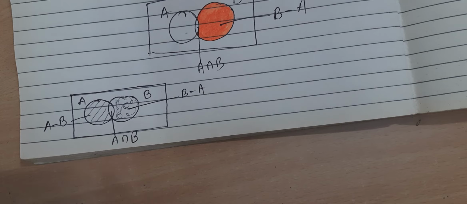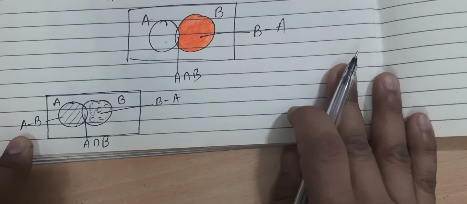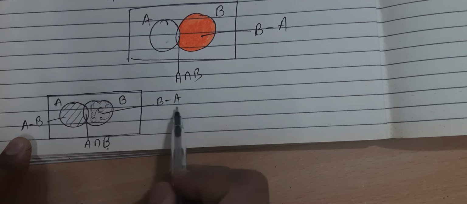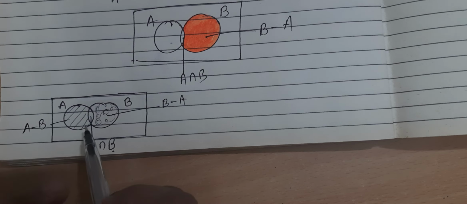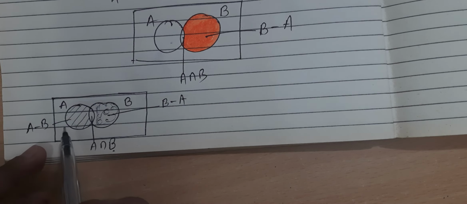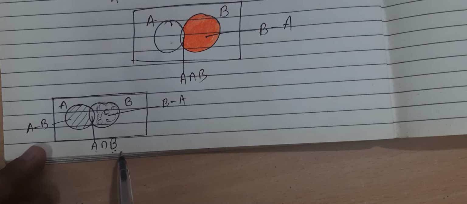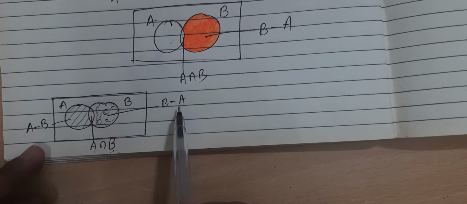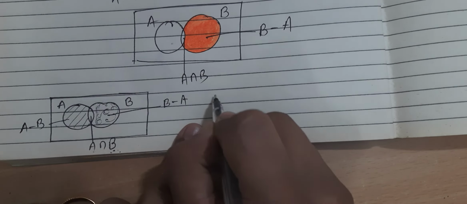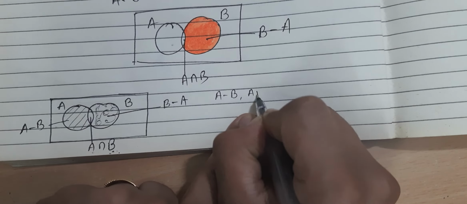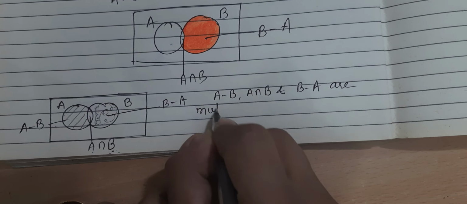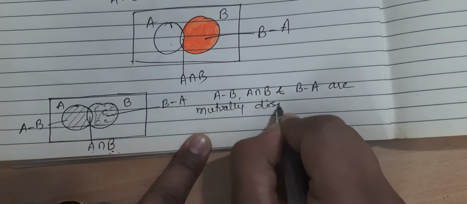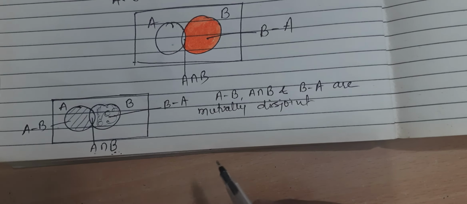So when you observe, you will find that A minus B, A intersection B, and B minus A all are mutually disjoint, means there is no common element between A minus B and A intersection B, B minus A and A intersection B, A minus B and B minus A. So they all are mutually disjoint, means their intersection is phi.